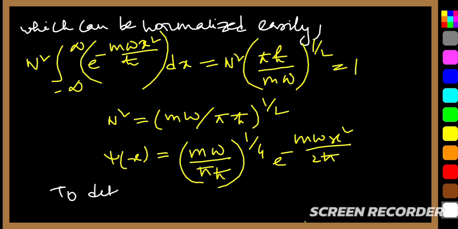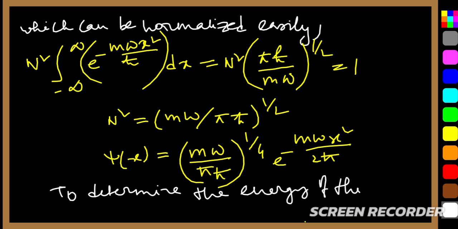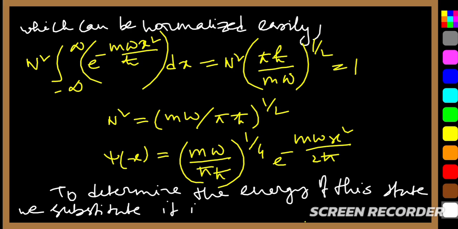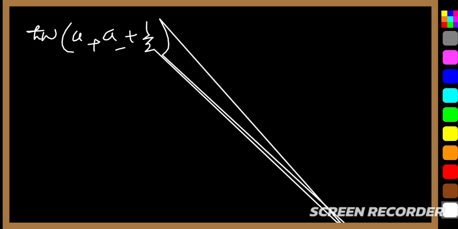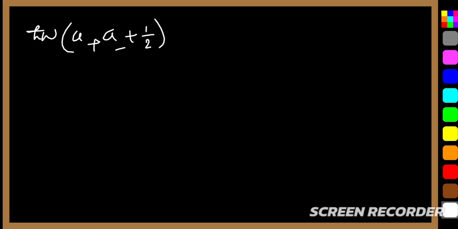So to determine the energy of this state, we substitute it into the Schrödinger equation, that is h cut omega times a plus a minus plus half, psi 0 equal to E0 psi 0.